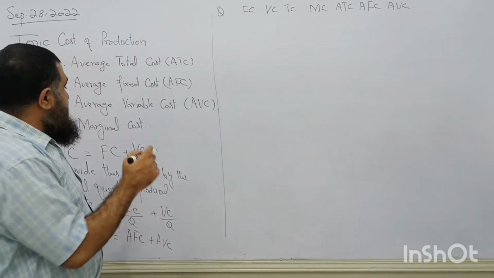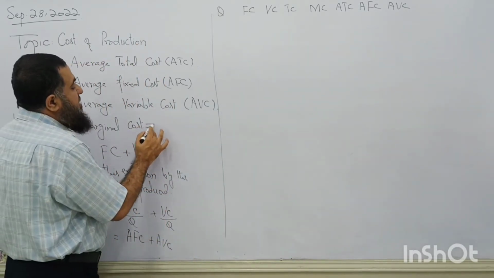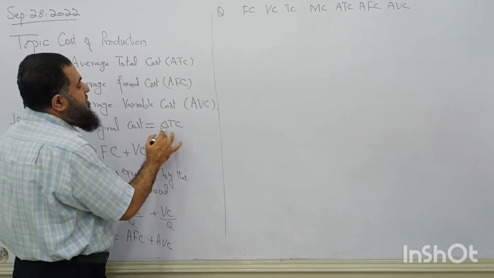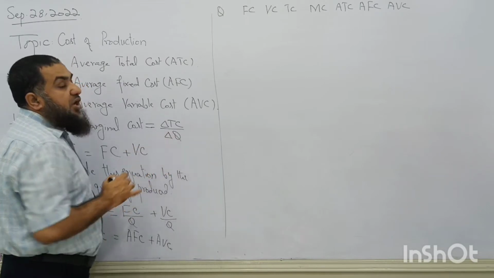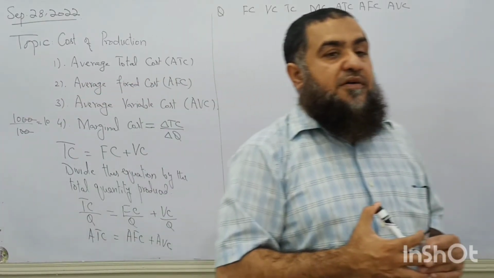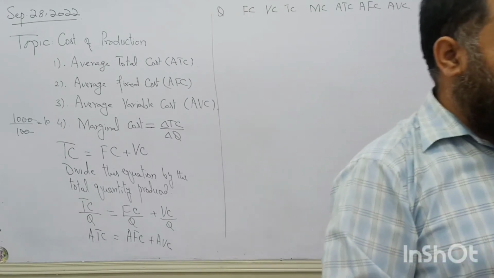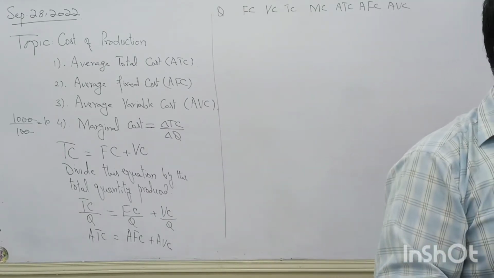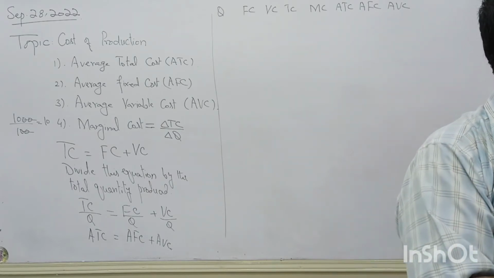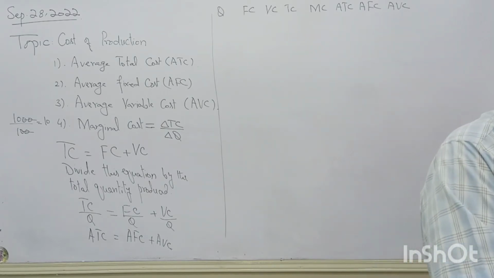So can I write in this way? Marginal cost is the change in total cost due to change in output. In other words, it is the slope of the total cost curve. All the marginal values, they are the slopes of the total values.